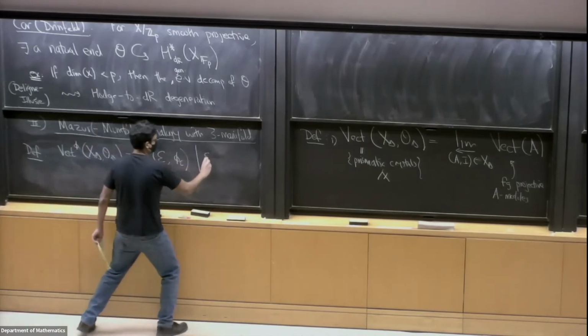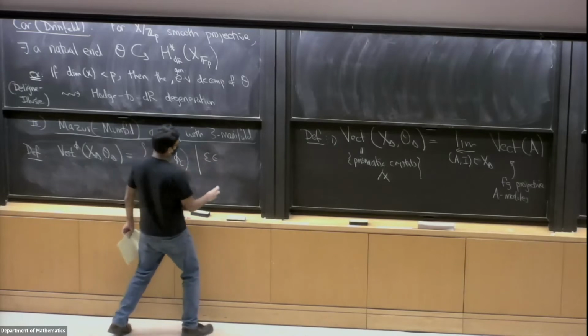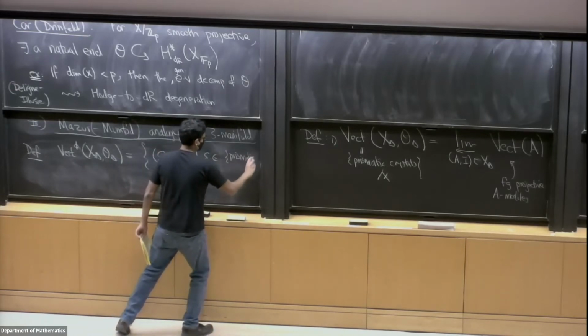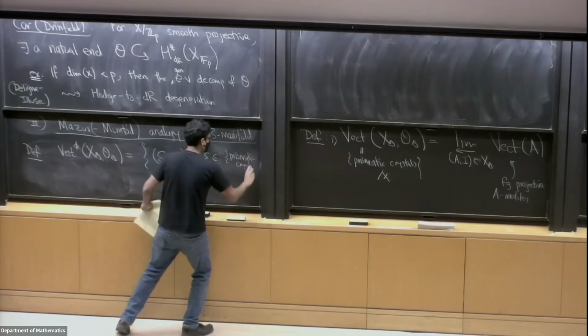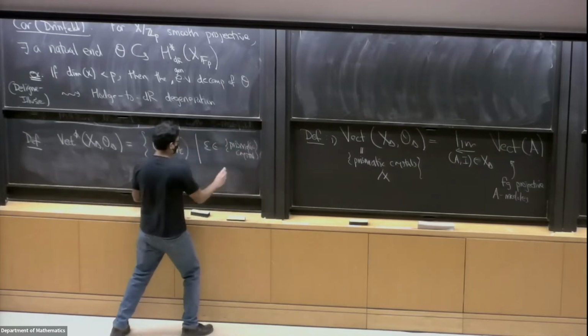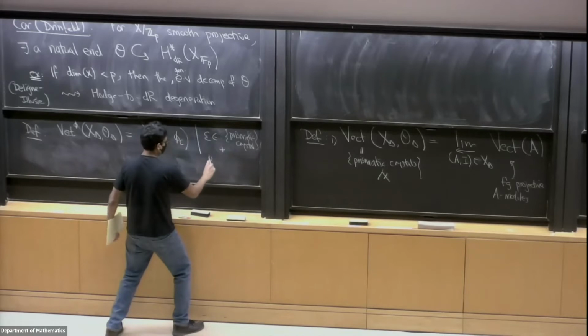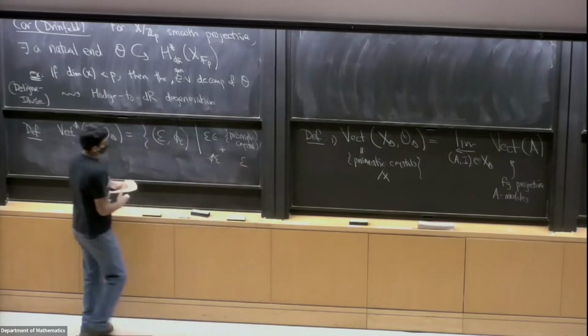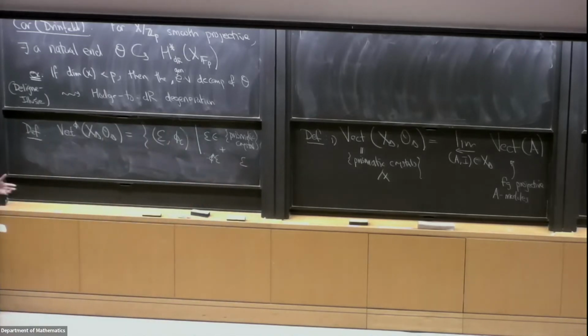E is as before. It's a prismatic crystal in the usual sense. Well, usual for some people. And then phi is some Frobenius structure on this. The precise statement is that the Frobenius pullback of E and E are isomorphic to each other, but not quite on the nose.